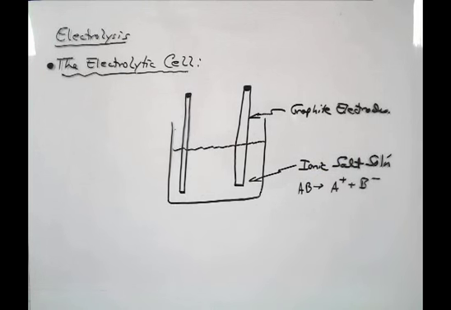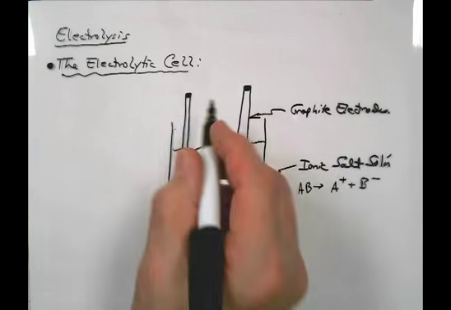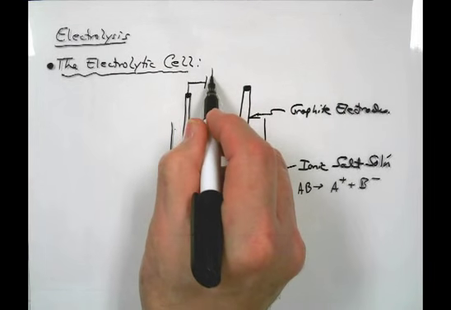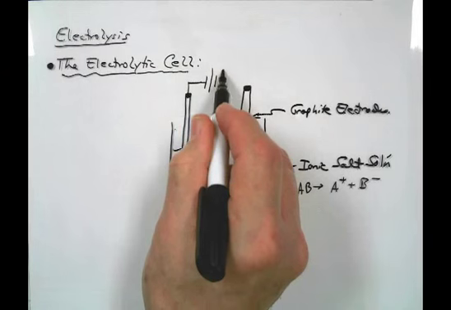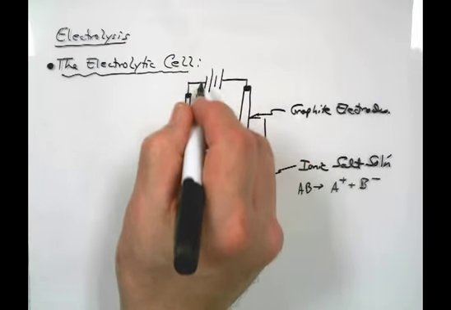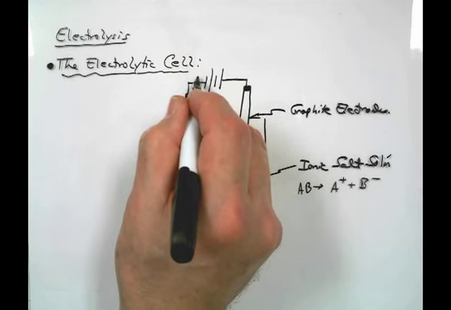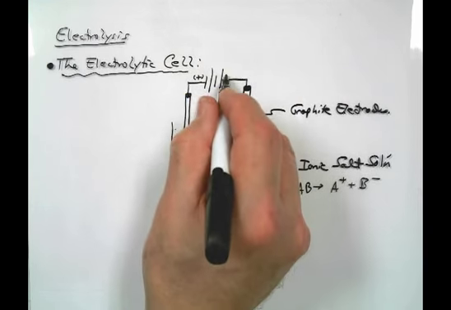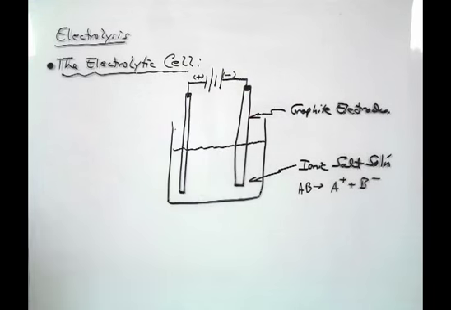The circuit in the process is completed by attaching by wire the electrodes to a battery. The short side is the plus, and the long side is the negative of the symbology.